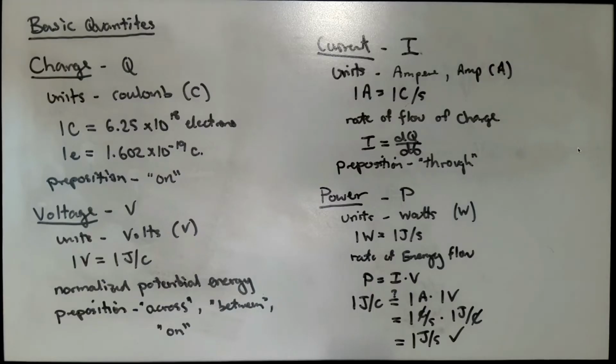And so we want to try to minimize power consumption whenever we can, and that is our concern. That's going to be what our main concern is with power. So those are our basic quantities.